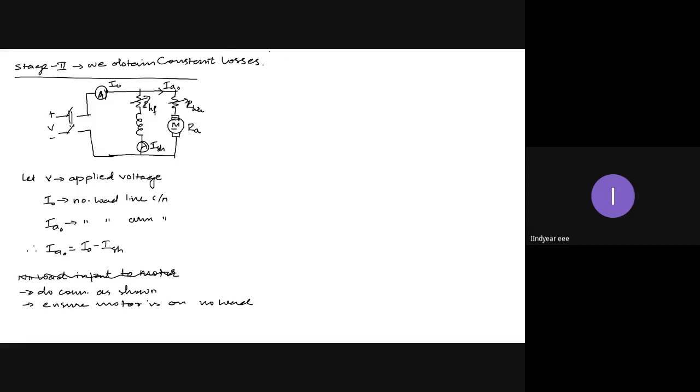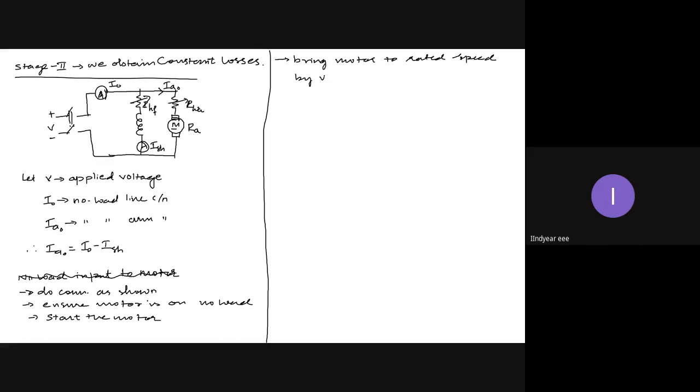Then start the motor. Then bring the motor to rated speed by varying the field rheostat RHF.